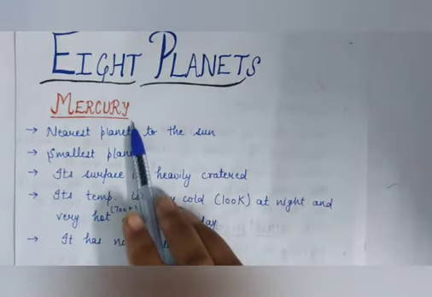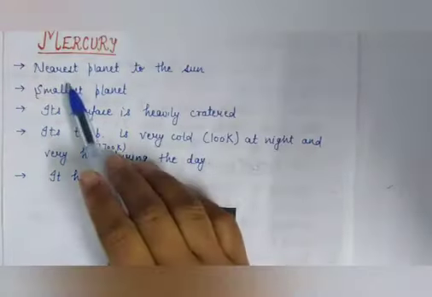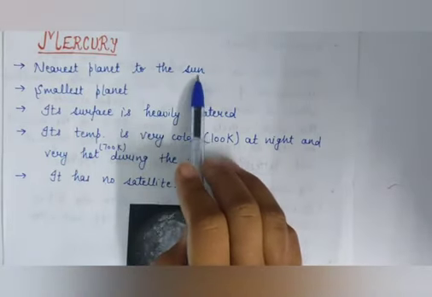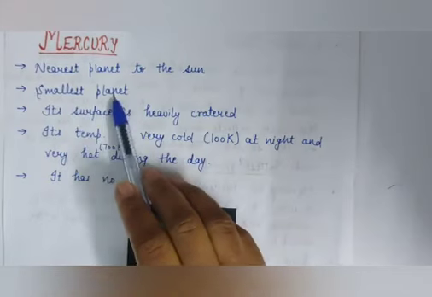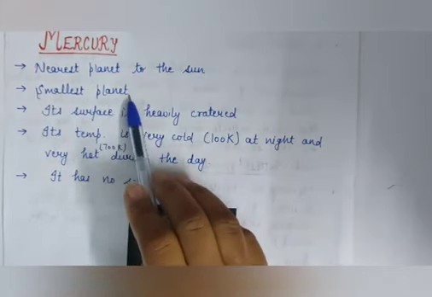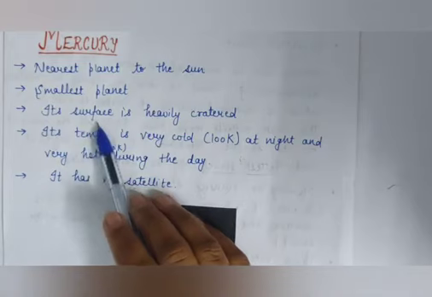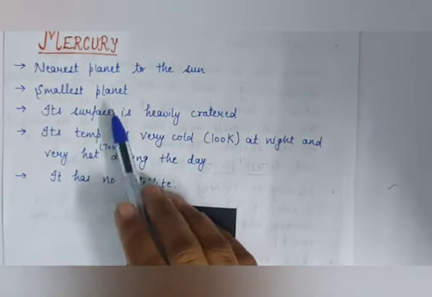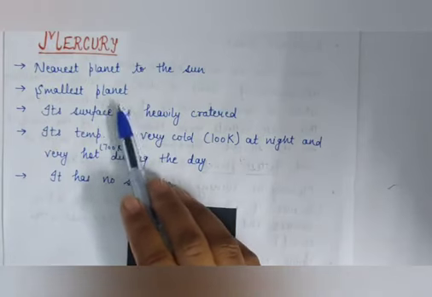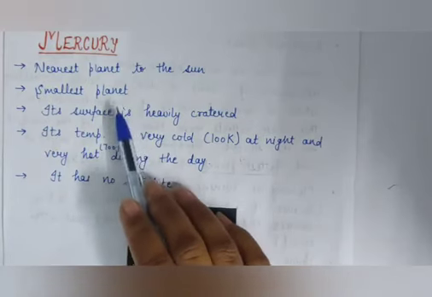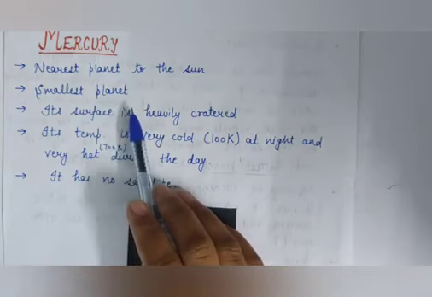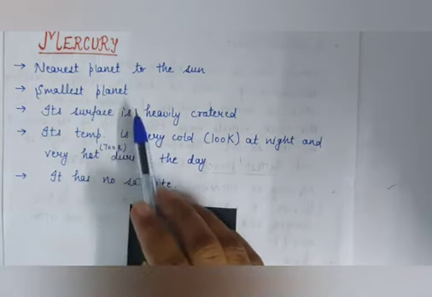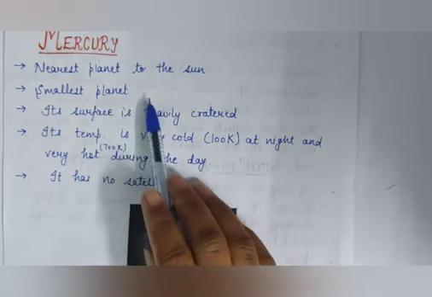First is Mercury. It is the nearest planet to the sun and the smallest planet in the solar system. It orbits around the sun once in about 88 days. Means Mercury completes one revolution around the sun in 88 days.